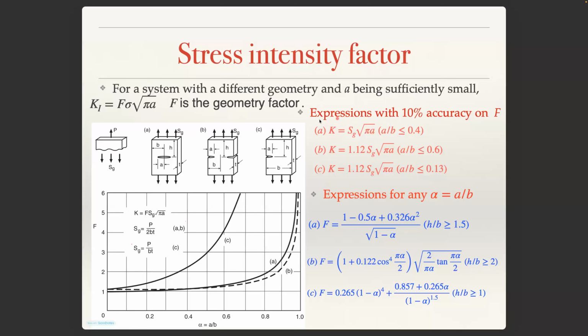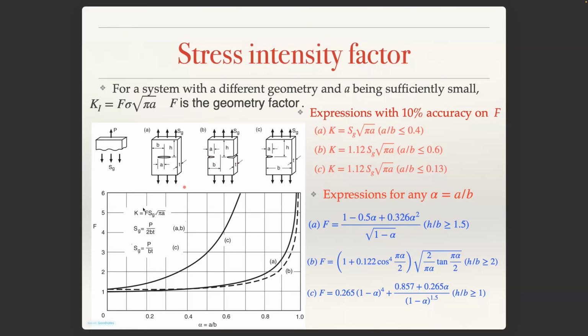So now there are various scenarios. For example, you say this is my A and that is my B. This is for a central crack. This is for an edge crack, double edge crack, where both edges have cracks, and a single edge crack.